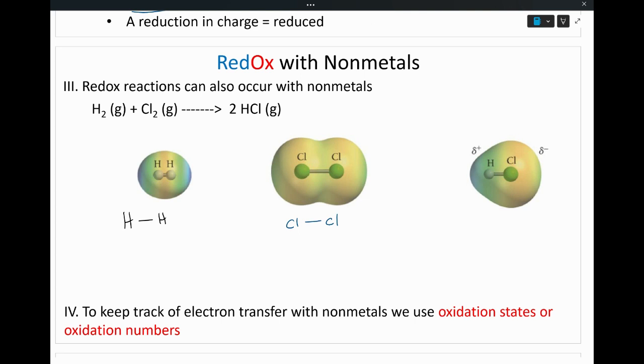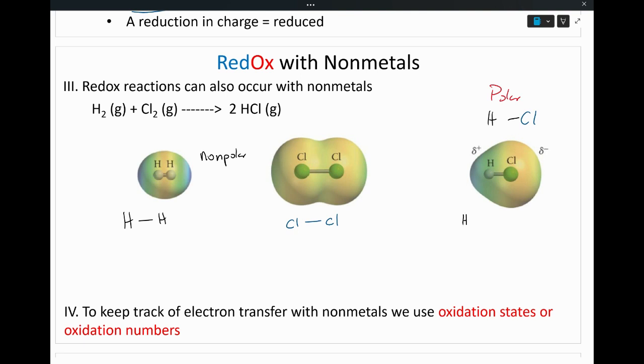These are two nonpolar molecules. But when you put them together, when you make two equivalents of HCl, we know that this right here, this HCl, and I'll put it in blue as well, this in and of itself is polar. We can draw the bond dipole.